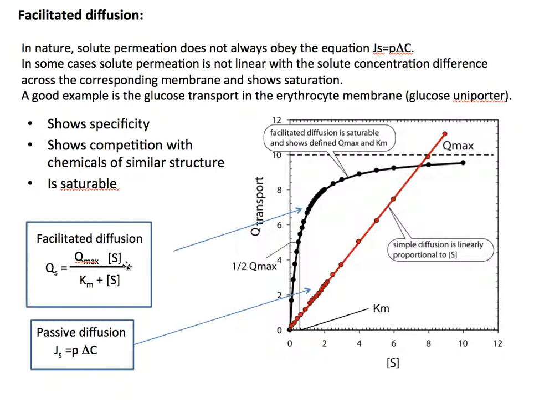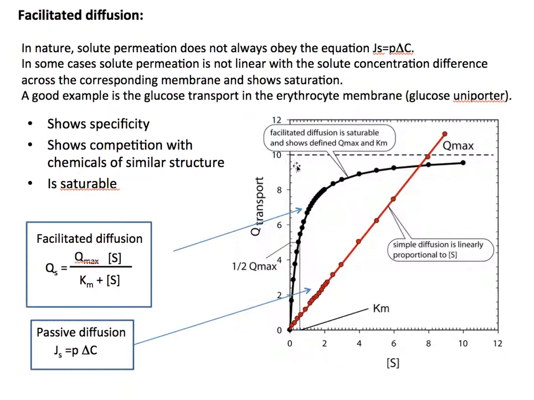So you're going to get a line that increases. Now think about this equation when S's value is higher. When S is super high, it becomes Q max times S over S. This Km becomes insignificant. So Q_S equals Q max times S over S, which just becomes Q max.